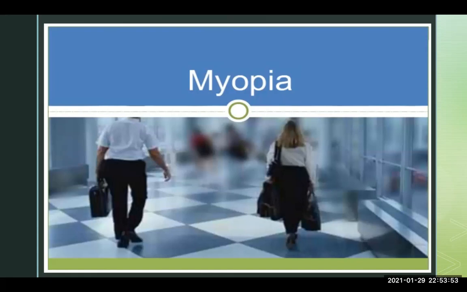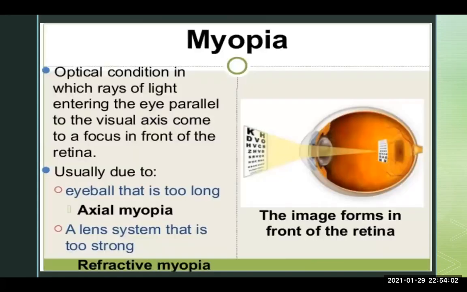So after covering hyperopia and aphakia, we are going to talk about myopia. Myopia is short-sightedness. The patient can see near objects, but far objects are hazy and blurry. Myopia is the optical condition in which rays of light entering the eye parallel to the visual axis come to a focus in front of the retina, because the refracting power of the eye is more than normal.